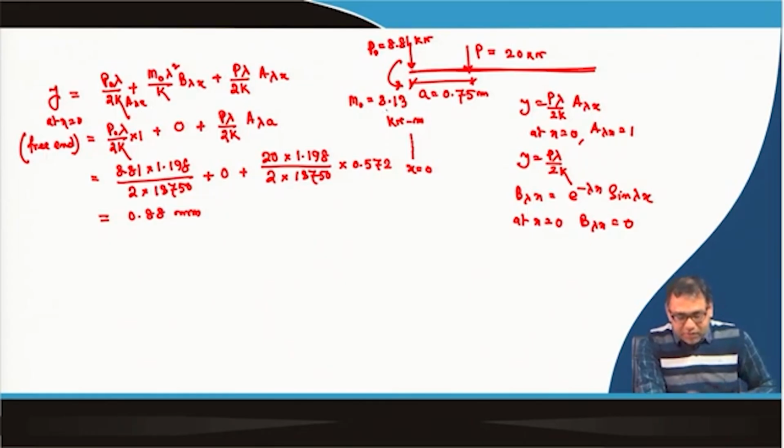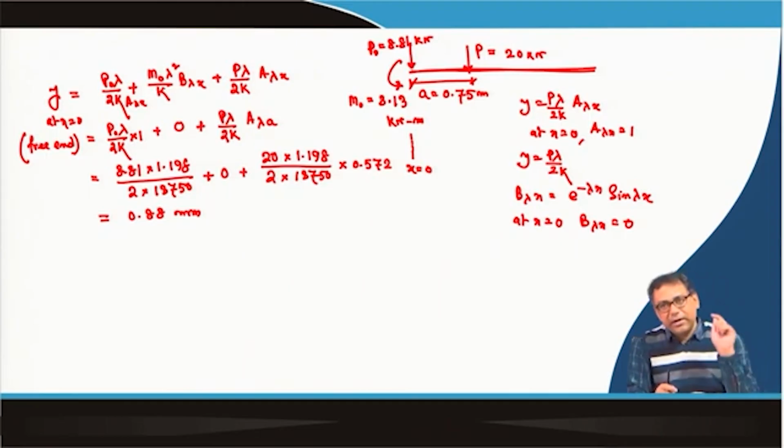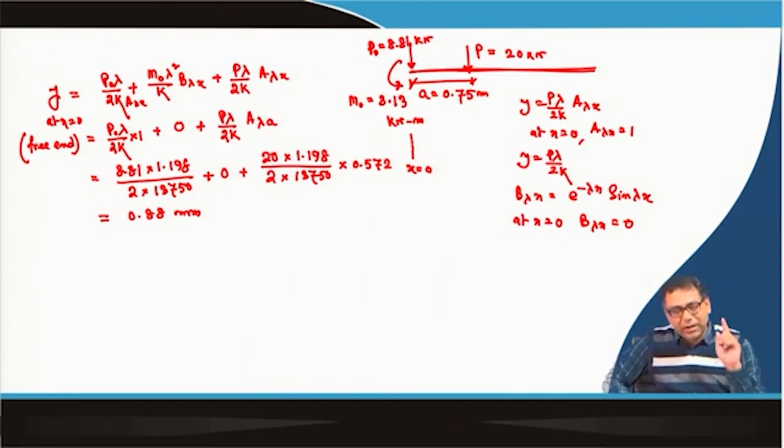If suppose b lambda x is not 0 at x equal to 0, it may be some value, but in such a case m0 should be minus 3.13, because this is a general expression and here m0 is a clockwise moment. Because when I derived the expression for moment, those expressions are valid for clockwise moment, but here your moment is anti-clockwise. So, we have to put a minus sign here.